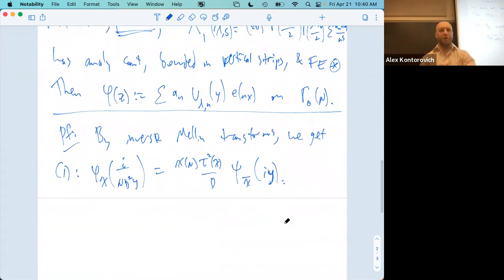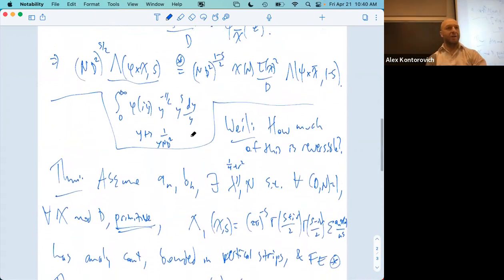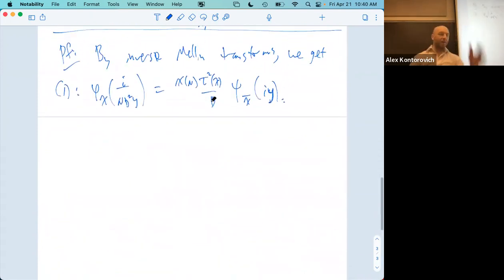Just apply the inverse Mellin transform to the functional equation, and you get this. You get it on the line. These functions satisfy the differential operators that allow you to conclude that it's actually true for all z. And in fact, because Wn is an involution, it'll be more convenient for me to put it over here or over here.